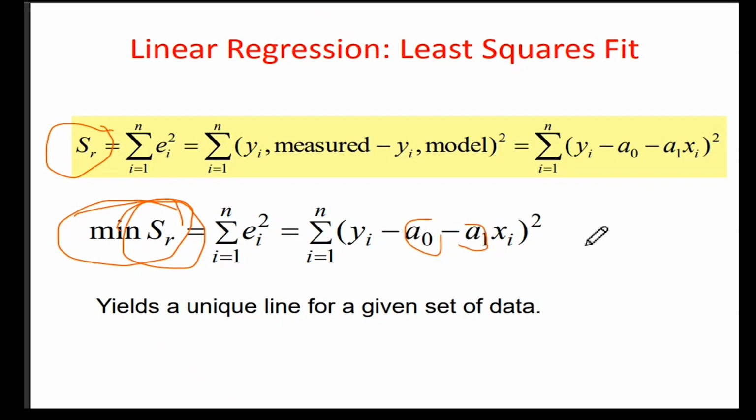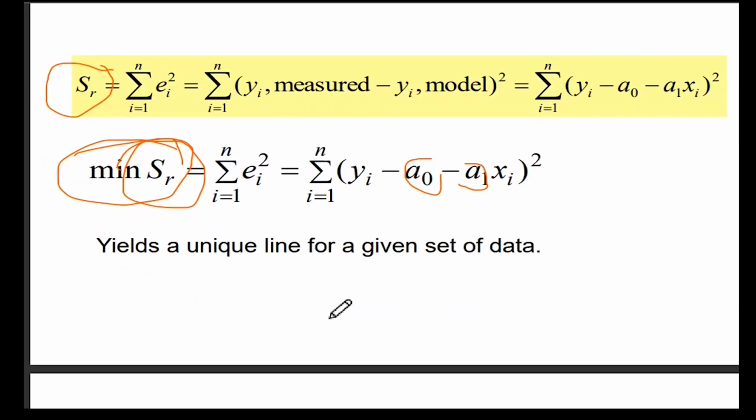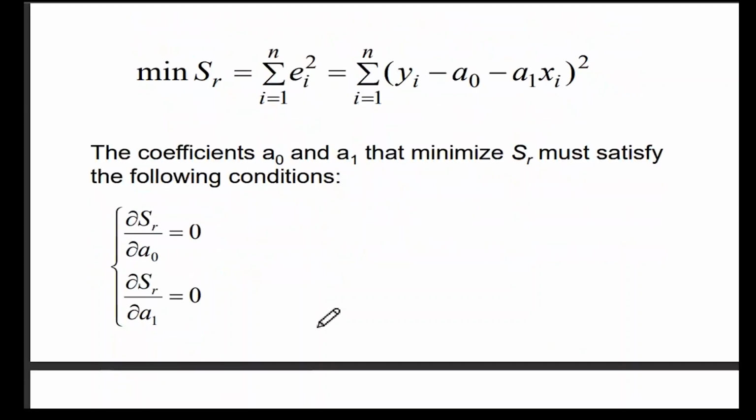So kita bukan hanya semata-mata bergantung kepada nilai summation of error, nilai E tu. So tapi kita gunakan tengok nilai SR. So itulah kita punya kriteria yang kita gunakan untuk buat least square fit untuk linear regression.